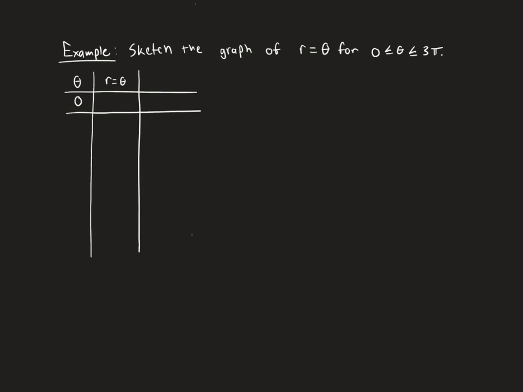So let's start out with 0, and then r is 0, so our point is 0, 0. So we start out at the origin, and then let's do pi over 4. So then our r value is pi over 4. I just want to think of pi over 4 as a decimal. We don't do that very often, but for this case it will be very useful. It's about 0.79.